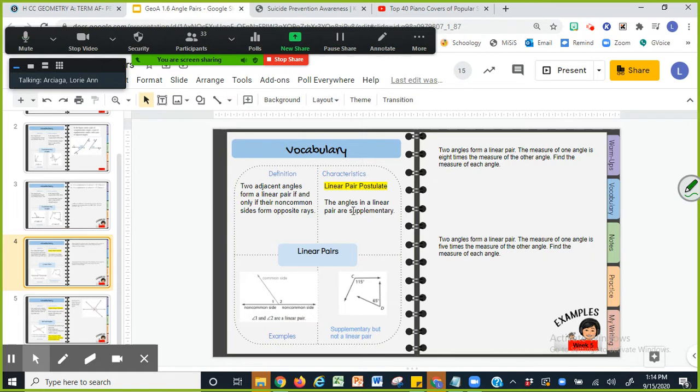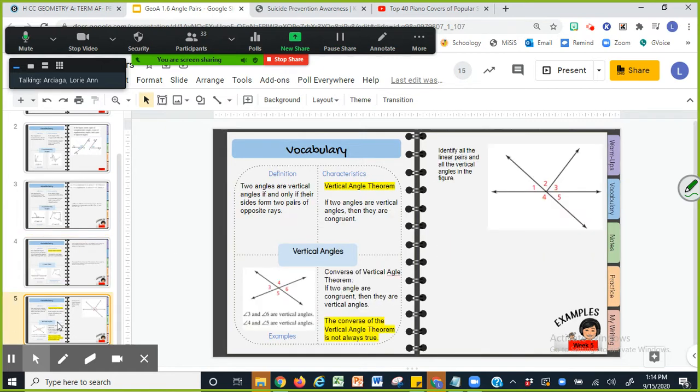All right. And then for the last type of angles that we will talk about today, they're called vertical angles. A very easy way to memorize that is if you look at these two pairs of angles, angle 3 and 6, they look like two letter V's that are back to back, right?